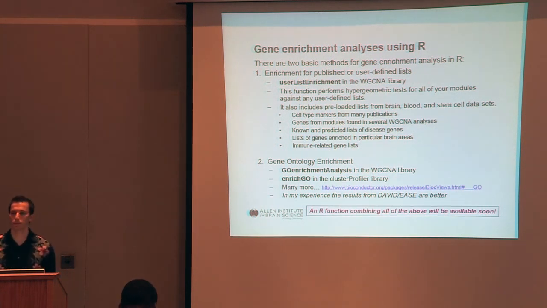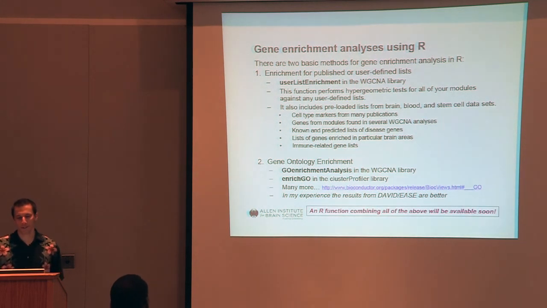If you remember, red blood cells don't have DNA, but we do find modules enriched with red blood cell markers, and so you would be able to detect it. There are lists related to CD8 T cells, CD4 T cells, B cells, and so on. And so this is a very useful function that can do things that other tools, which are not tailor-made for WGCNA, cannot.